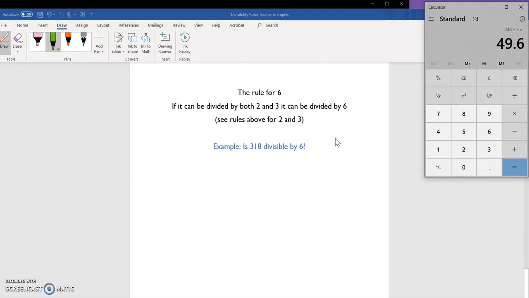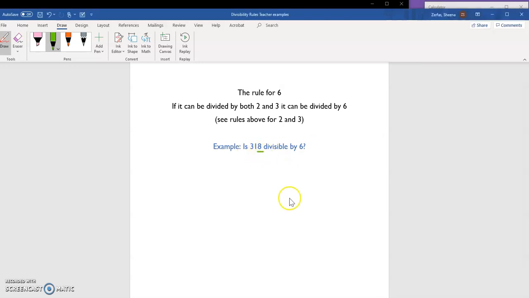The rule for 6 is a little bit more tricky, and it requires us to use 2 other rules. To prove that a number is divisible by 6, it needs to be divisible by both 2 and 3. Starting with our rule for 2, look at that last number, 8. 8 is an even number, so this is divisible by 2.